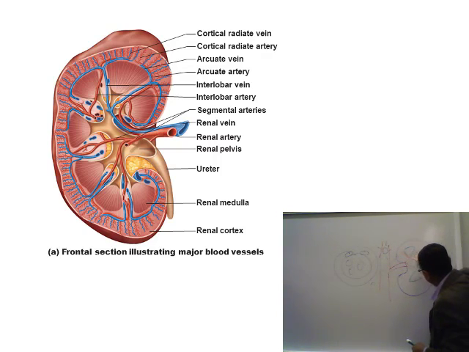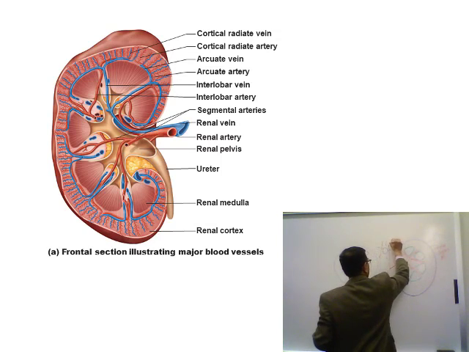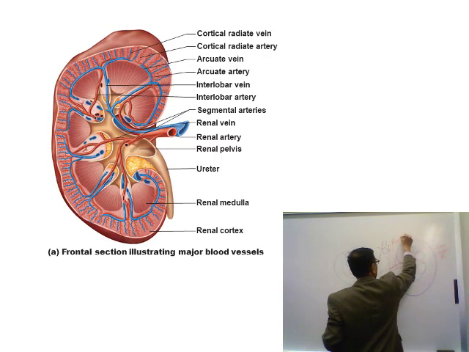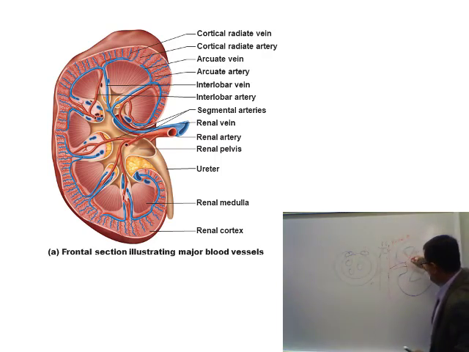So the branches pass through the renal column, and these are called interlobar artery. This is renal artery. These two are segmental.